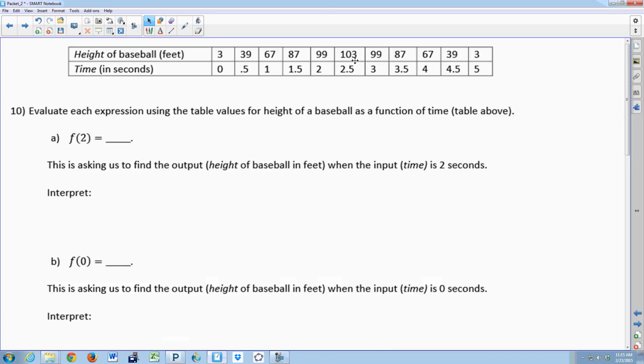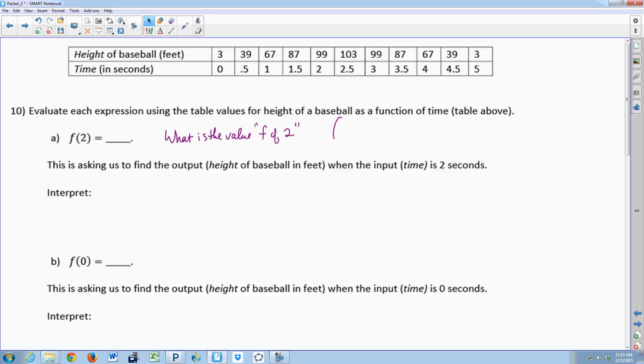Here we have our table, and here we have some expressions. I'm asking you to look at this table and tell me, what does this mean? The way I read this, it says, what is the value of f of 2? That's how we would read it, f of 2.